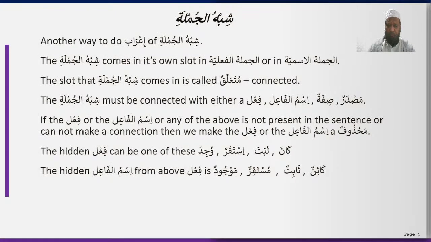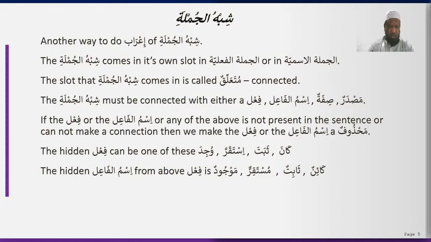شبه الجملة, when there is a jar and majroor, jar majroor or a zarf becomes a شبه الجملة. شبه الجملة must be connected with either فعل, اسم الفاعل, اسم المفعول, صفة, مصدر.